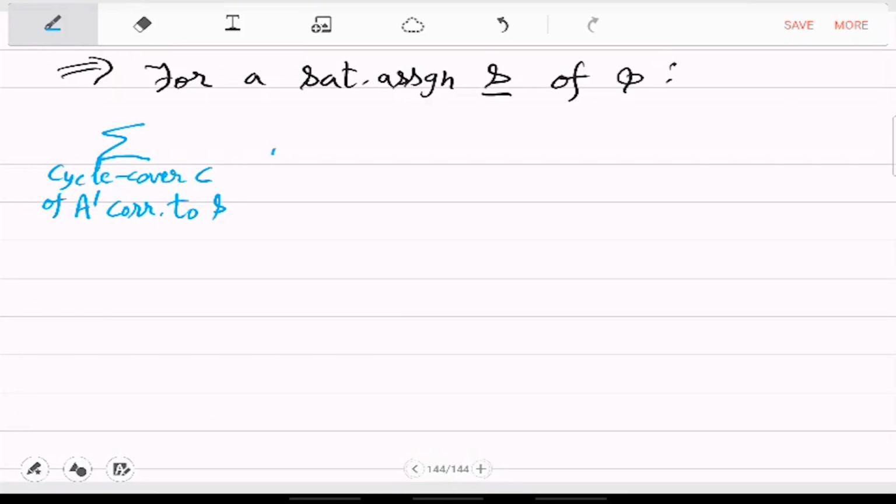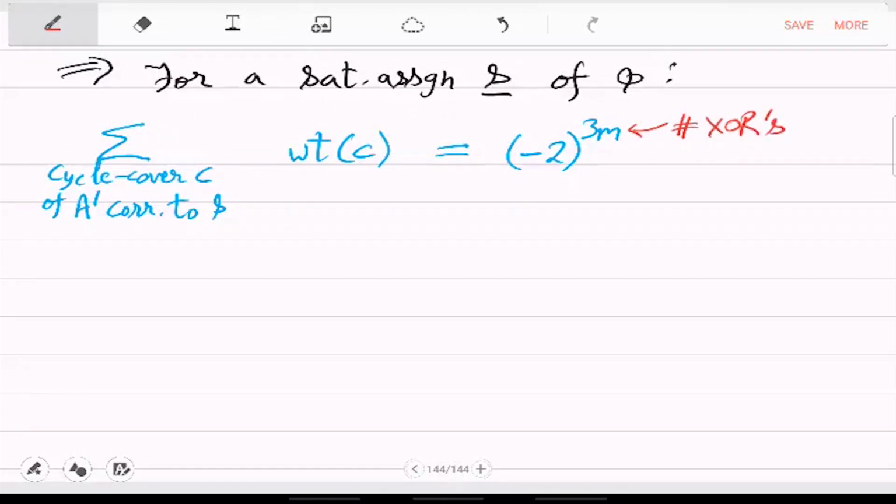So if we sum all these, then I get -2 to the 3m. Right, -2 for single XOR, and then there are 3m XORs. So this is the number of XORs, and this is the contribution from one XOR.